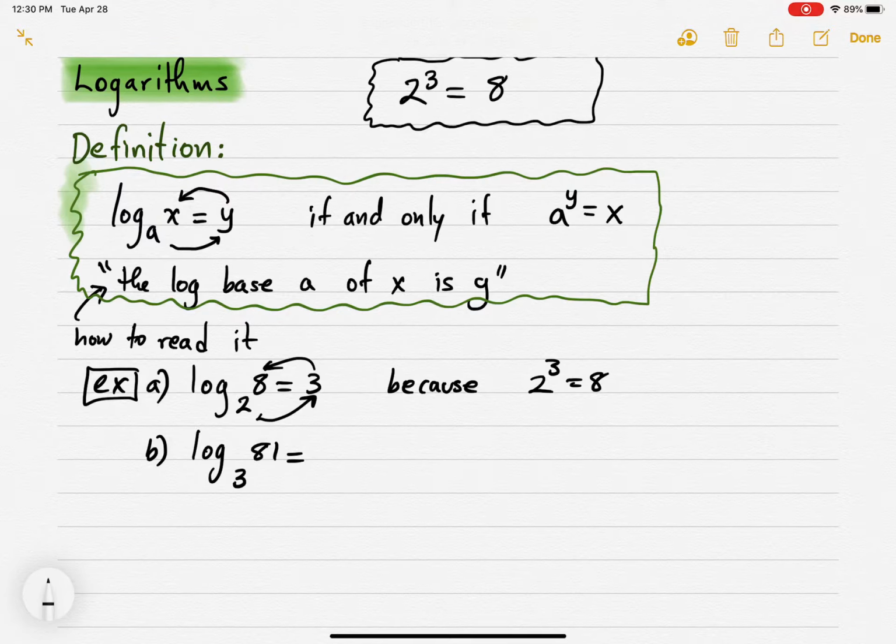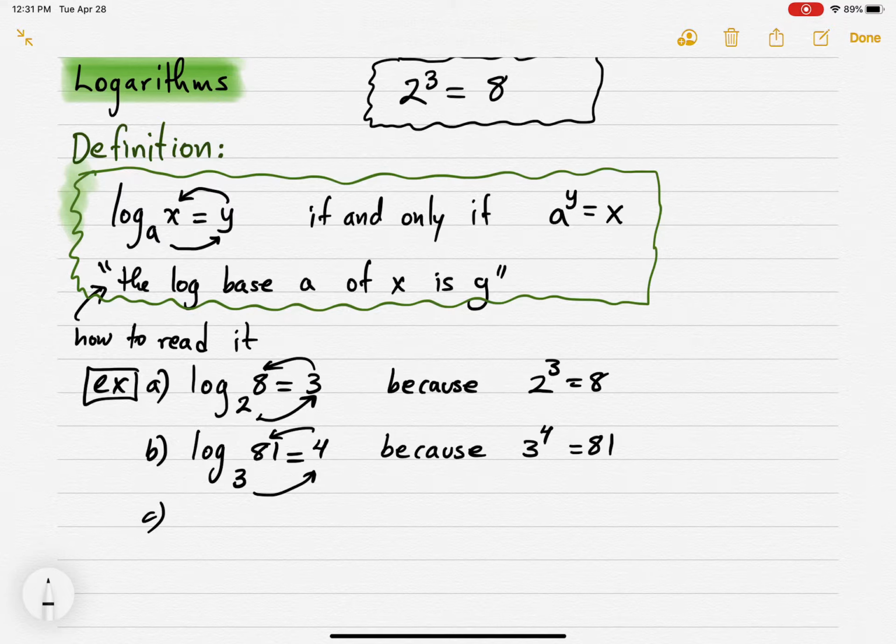The way we answer the right side of that equation is, think about 3 raised to what power is 81. We know that 3 times 3 times 3 times 3, 4 times, 3 to the 4th equals 81. So that must be true then: 3 to the 4th equals 81.